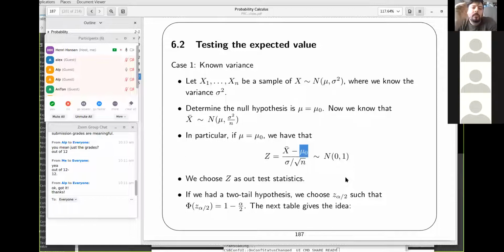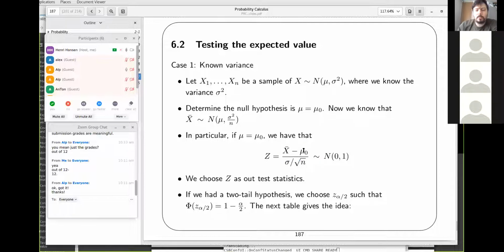So there are two assumptions at play. One, that X is normally distributed. Even if X is not quite normally distributed, if the sample that we're dealing with is large, then it might be reasonable to assume that this is still roughly normally distributed.